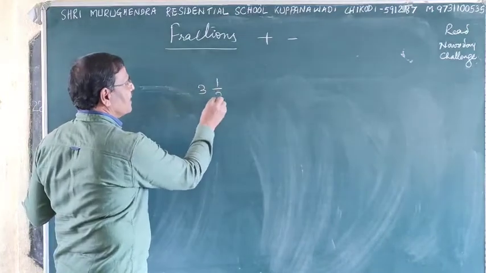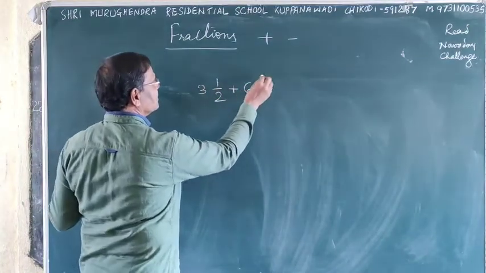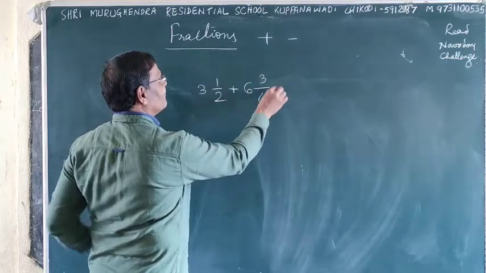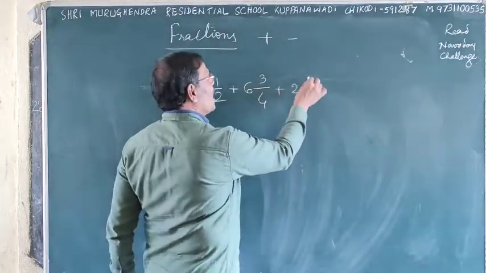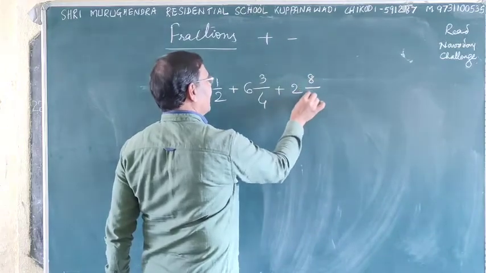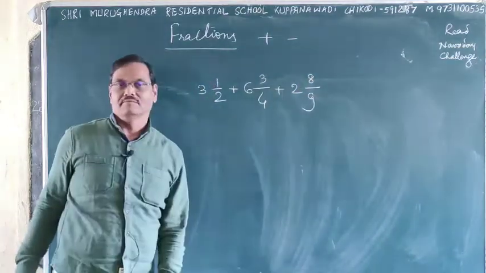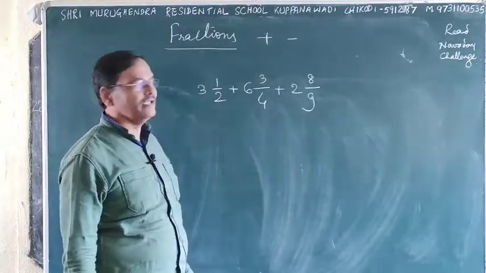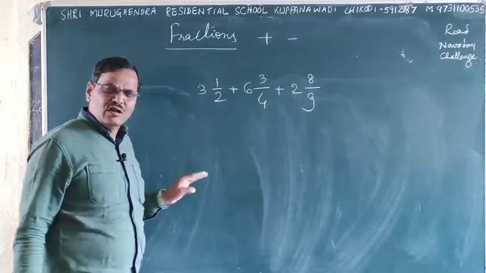3 integer 1 by 2 plus 6 of 3 by 4 plus 2 of 8 by 9, like this it is. Then what you have to do here is, you know two methods.